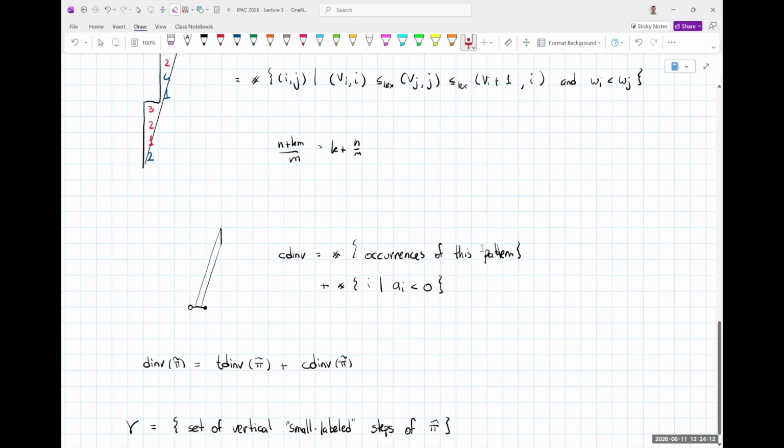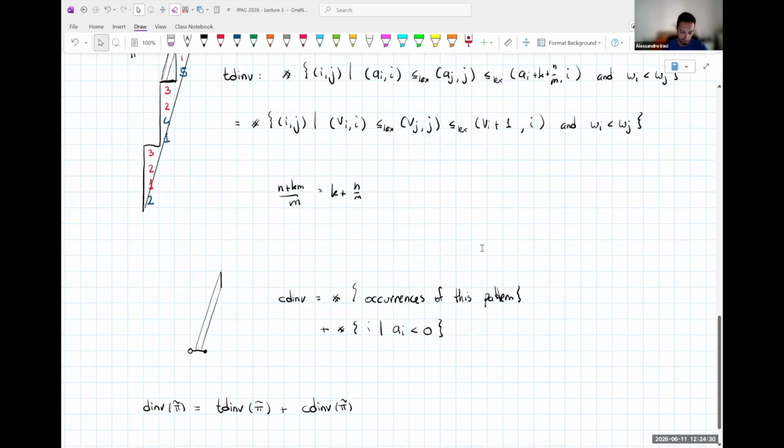But then when you reverse everything, the arm and leg thing turns into counting pairs of cells. So I was wondering if you can do that kind of thing for these statistics.